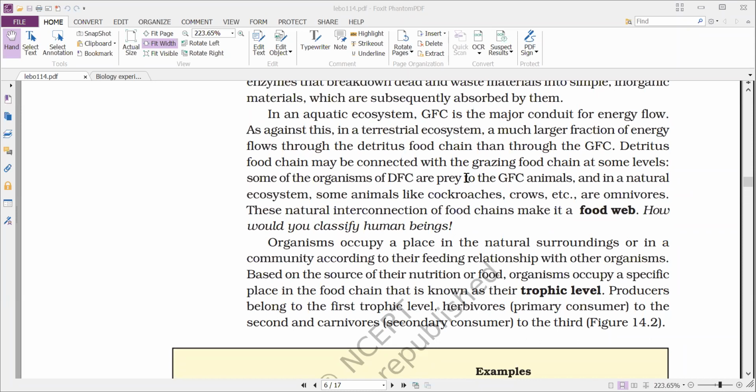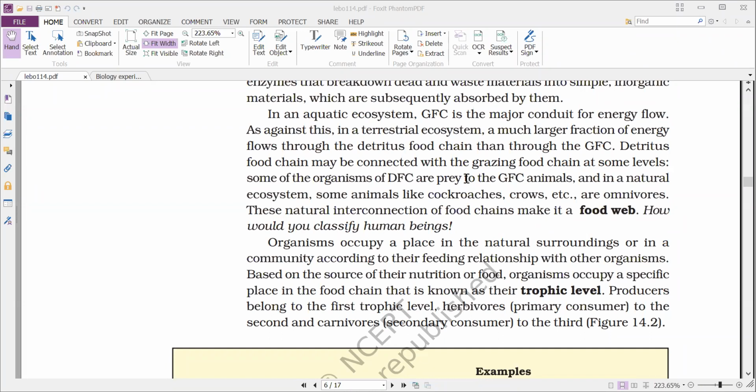The detritus food chain starts with the decomposing organisms. These decomposing organisms convert complex organic molecules into simple inorganic molecules, of which some are absorbed by the decomposers, but some remain in the soil, which are taken up by the producers.